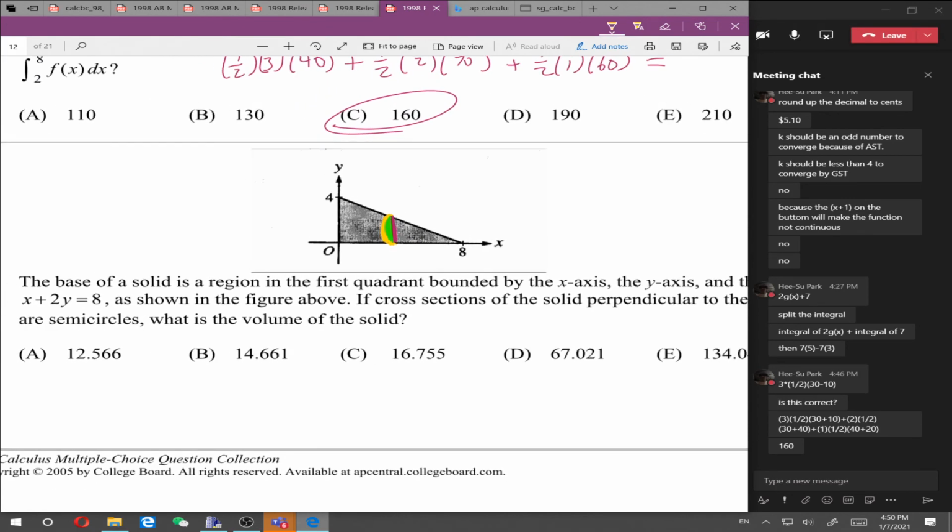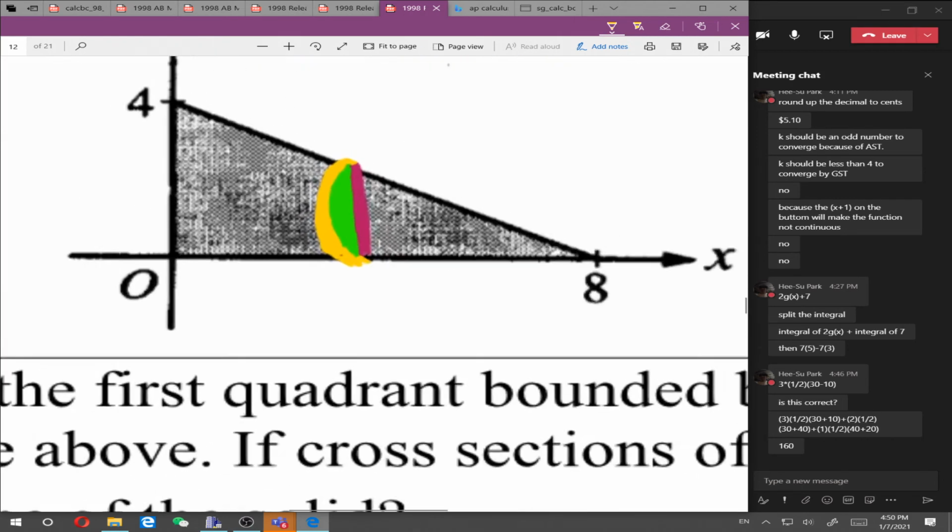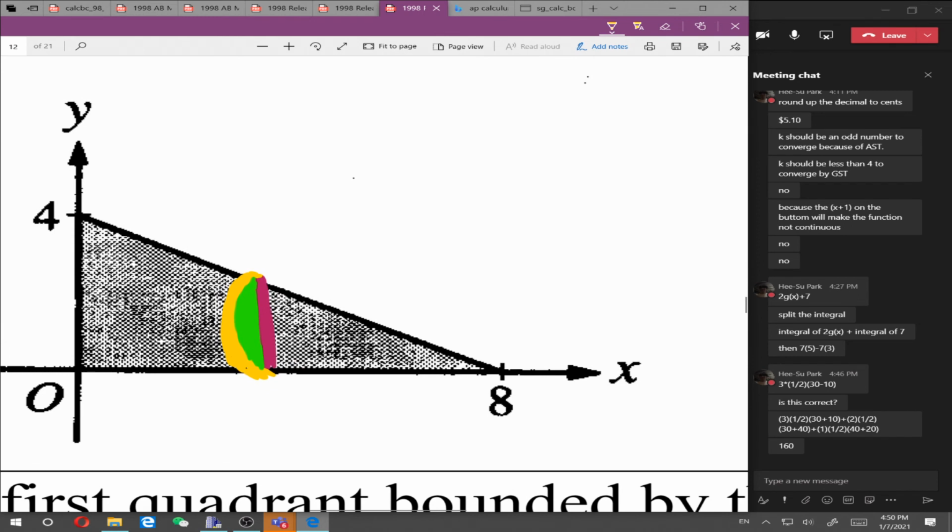Okay, I want to know what the volume of the solid would be. In order to find the volume of the solid, I need a cross-sectional area, and then I want to multiply times our depth. So first, I need an equation for the cross-sectional area that we have here in green.